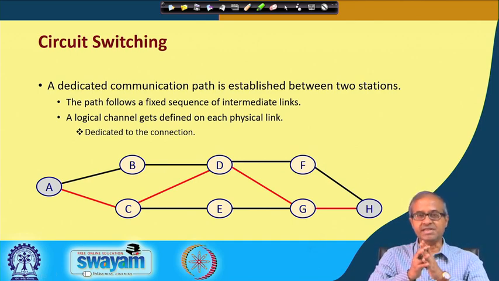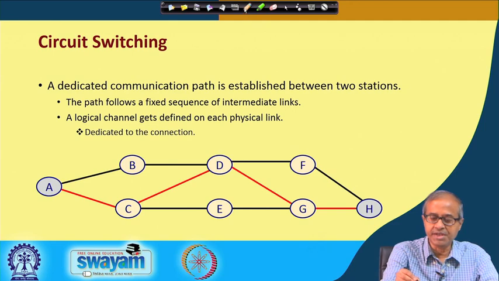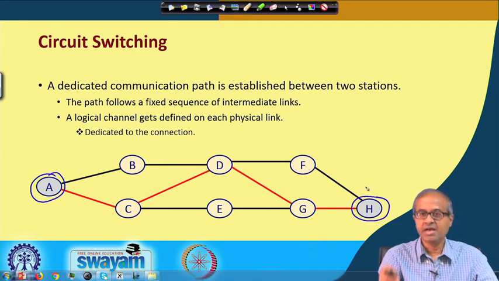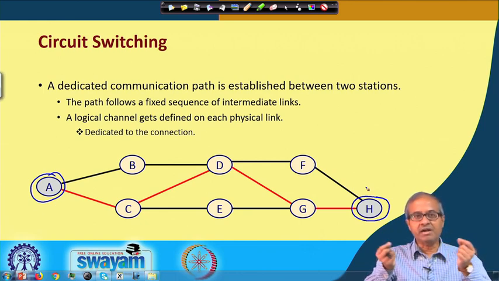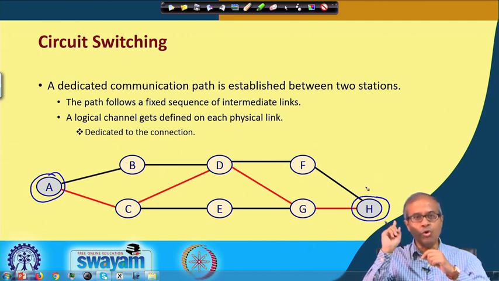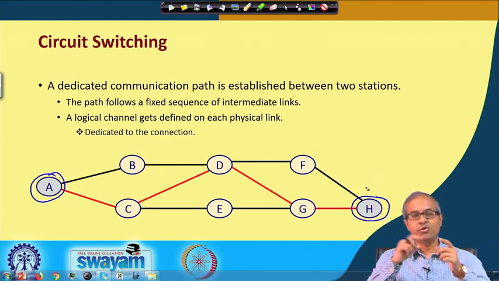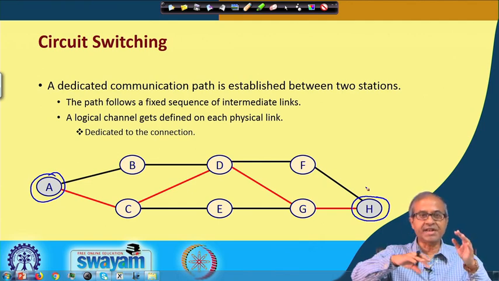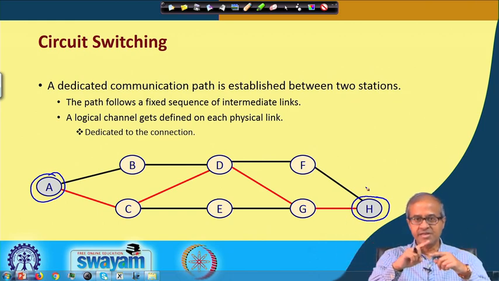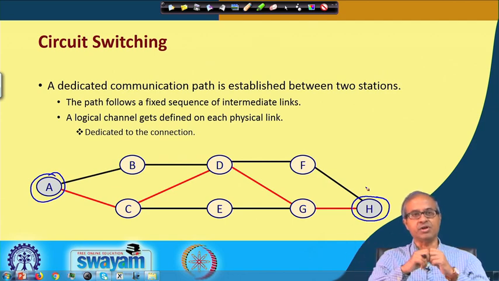Talking about circuit switching, whenever you want to communicate between two nodes, again I am talking about this A and H, what we are saying is that we are establishing a circuit or a dedicated path for the communication. If you think of our old analog telephone systems, when we used to dial a number, then a dedicated copper path used to get established from the caller to the person you are calling.